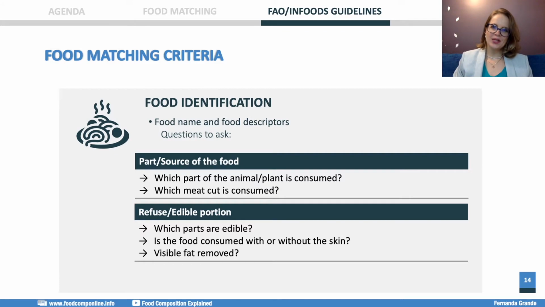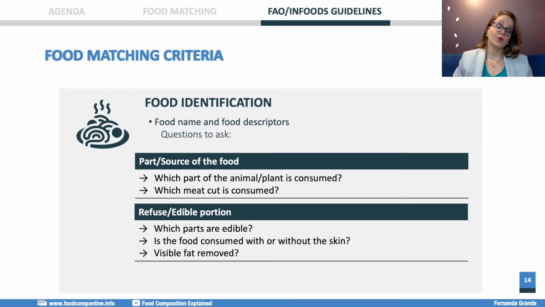The next categories are part or source of the food and refuse or edible portion, and they also can influence all food components. They may vary also a lot from country to country or even from person to person.